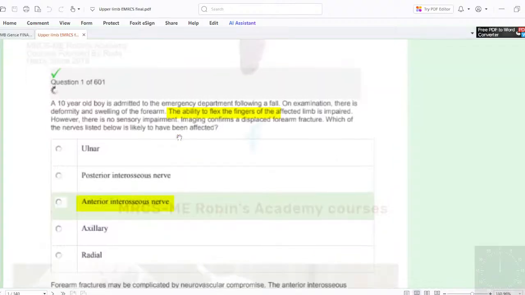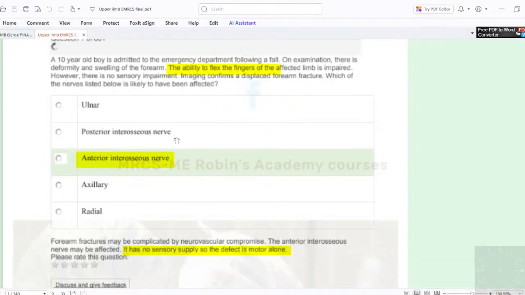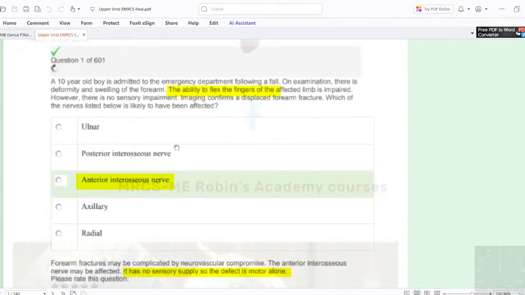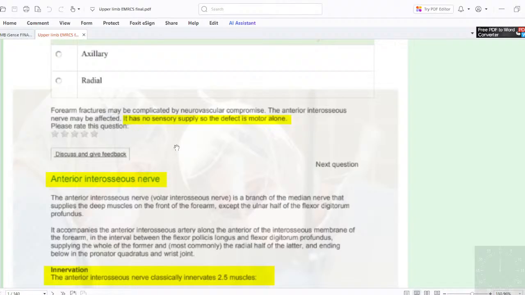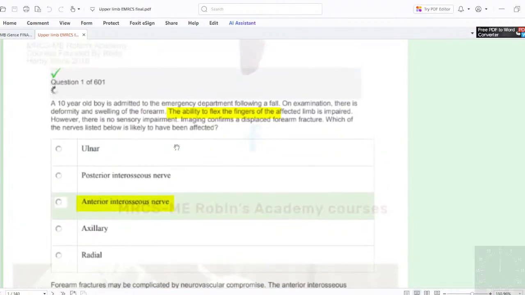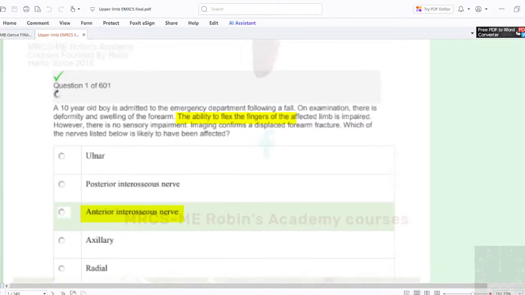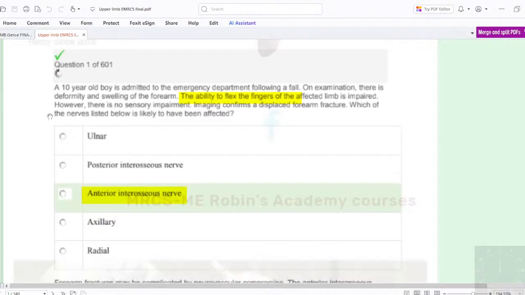This one, right? See, you can read the question.